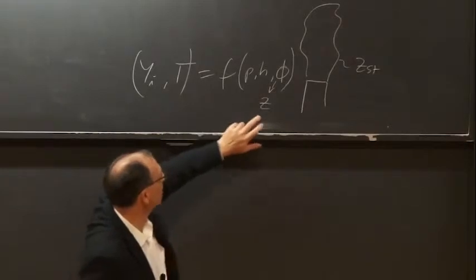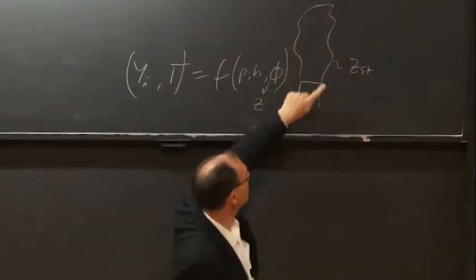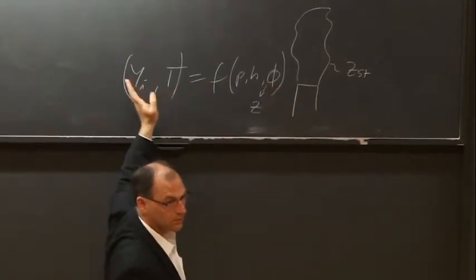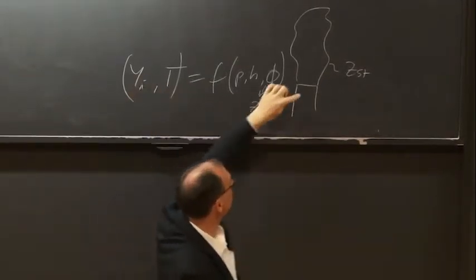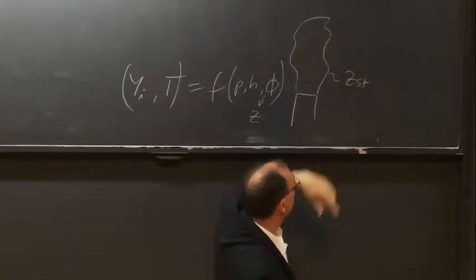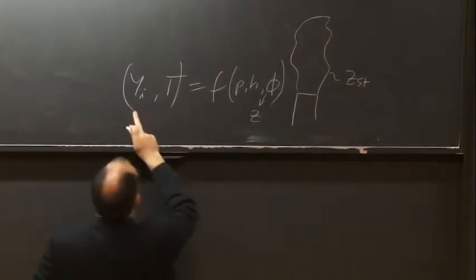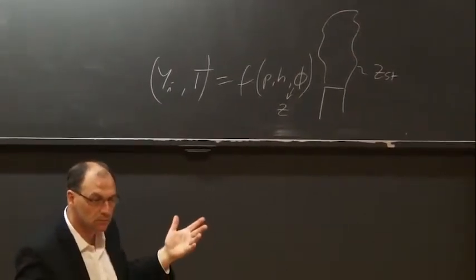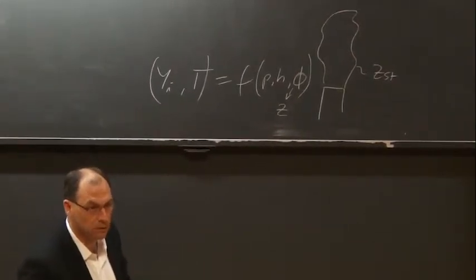Then this is only a function of Z, which means for a given Z stoichiometric, you get a certain composition and a certain temperature, which means these values don't change along this surface. So dY by dZ2 has to be 0.